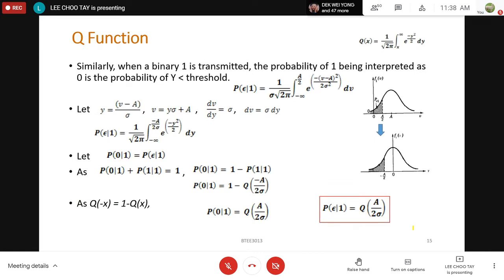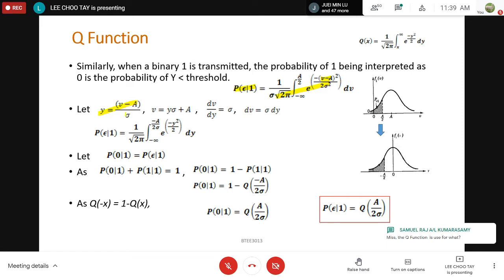Okay, and then when the 1 is transmitted, we get the probability of error given by this equation from the previous slide. So again, I need to rearrange or convert my equation so that it looks like the Q function equation. I'm going to take (v minus a) over sigma and assign it as y.